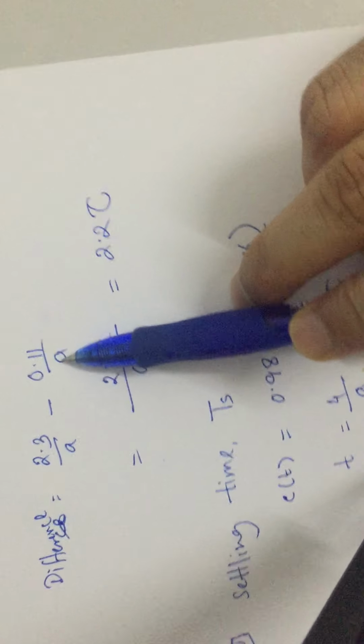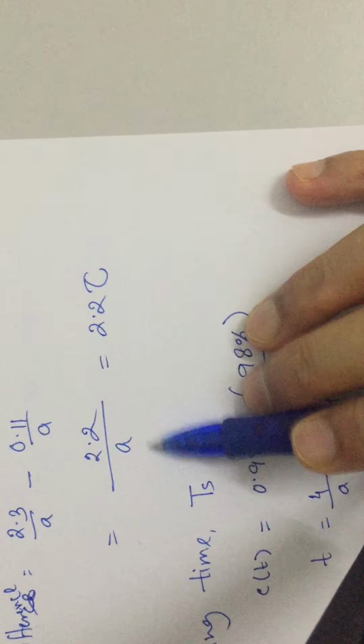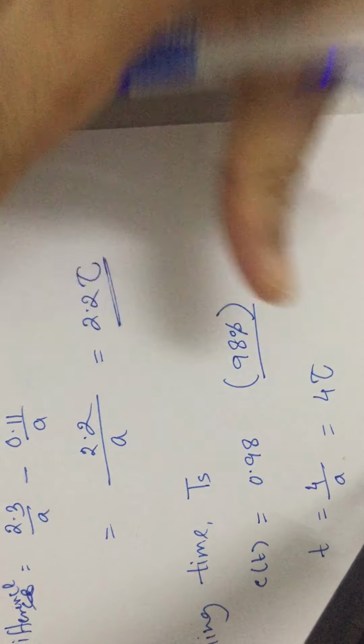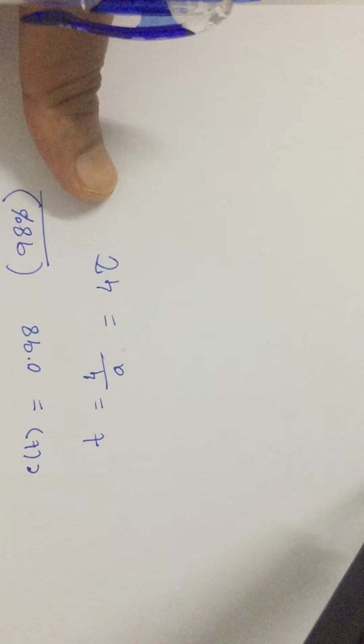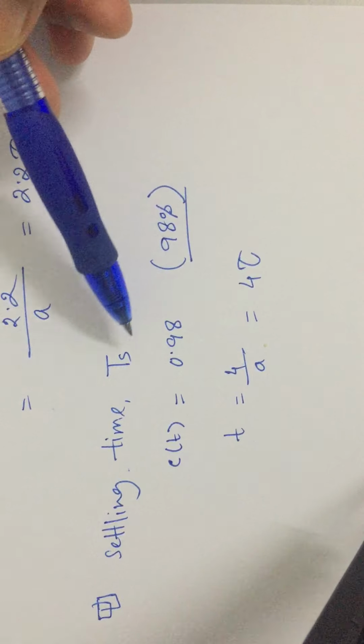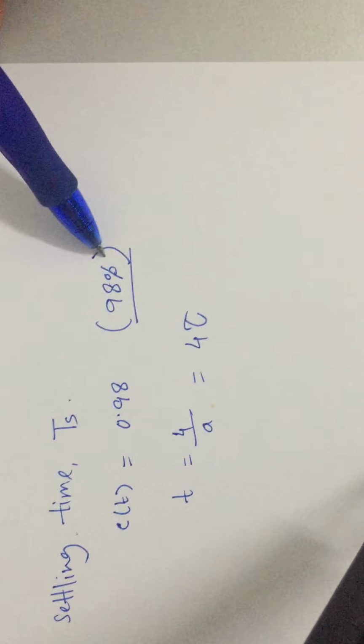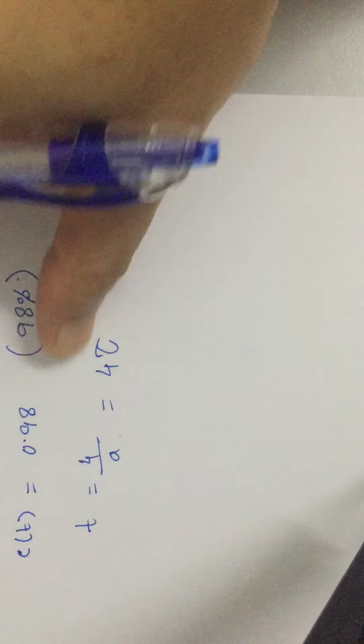So 2.3 divided by a minus 0.1 divided by a, we are getting 2.2 over a. That means 2.2 tau. Then the settling time: we also know that for the settling time, c(t) will be 0.98, so we get the corresponding time in terms of the time constant.